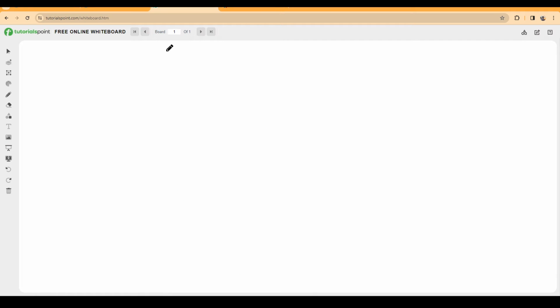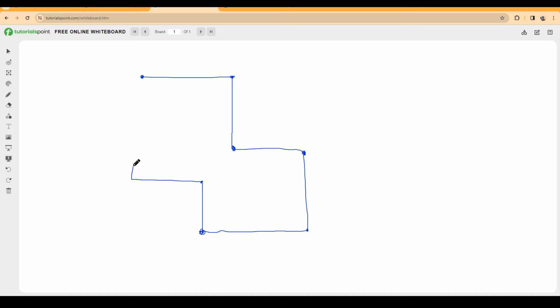So let's say that we have this polygon here. I won't be drawing the polygon from the example, I will draw something else. Let's make it a bit more complicated.